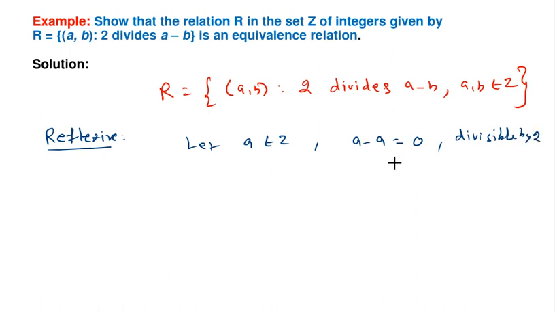So the difference of A and A is divisible by 2, and according to the rule, A comma A is an element of the relation R. Then what is the conclusion? R is reflexive. Now we have to test symmetric.